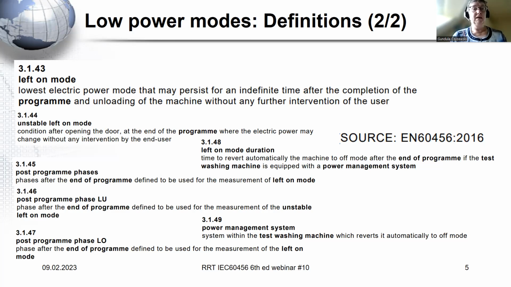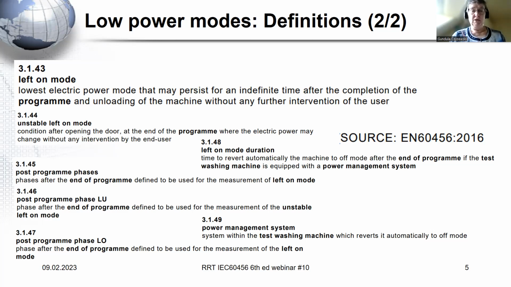You see here in these definitions a couple of modes that can happen after the end of a program, because it was not the case that all washing machines automatically switch off. So therefore, some of them remain on forever if you as a user don't switch it off.